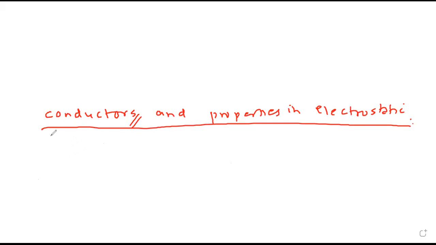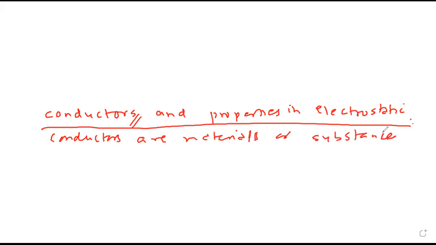So we can say conductors are materials or substances which contain a large number of free electrons. This we have done in lower standard also.